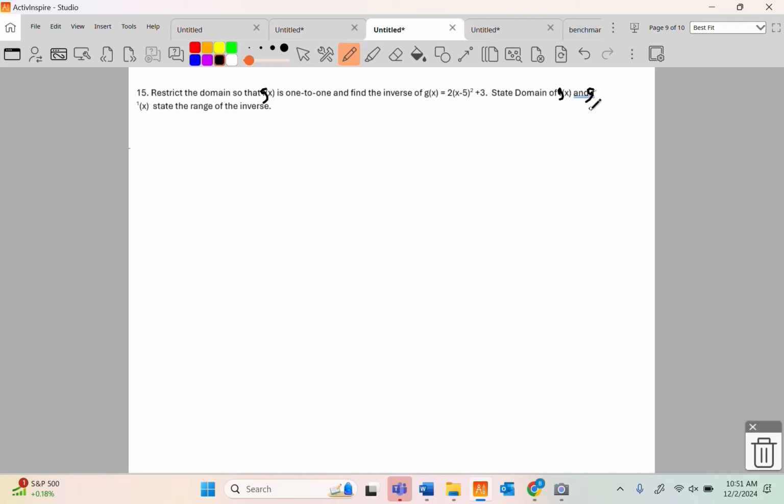So, anyways, think about your graph. Right 5, up 3. And it's got the x squared component, so here she is. I throw away this piece.